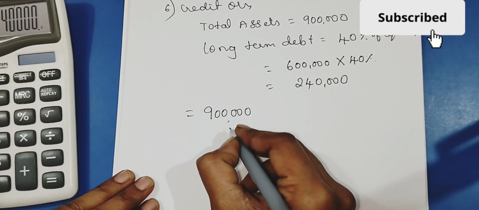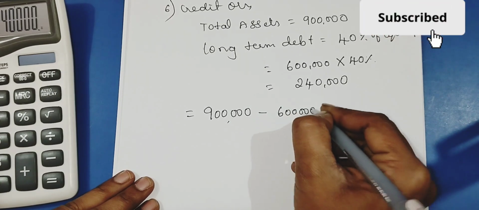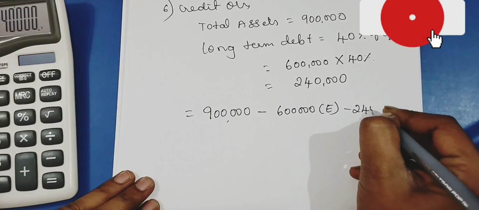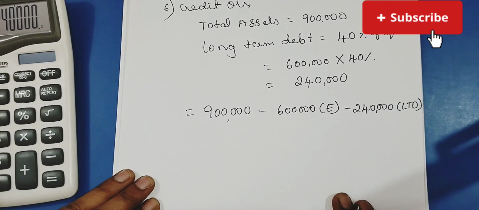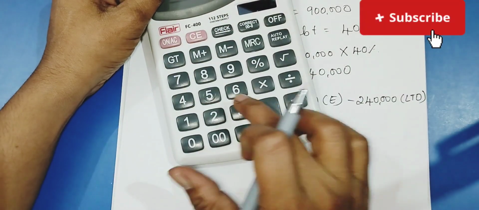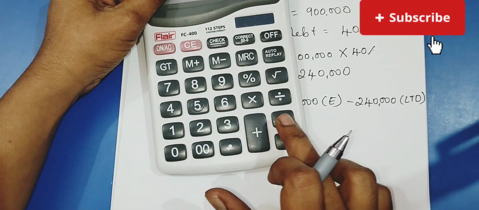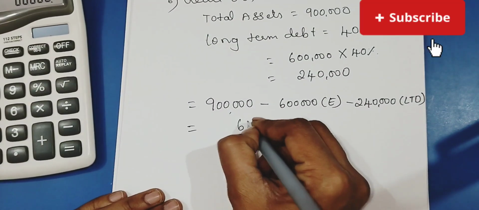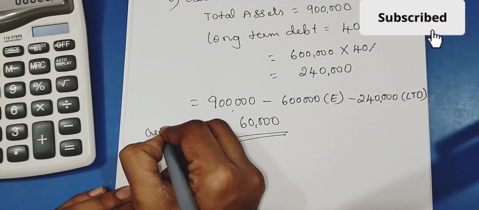In liability side, we have 6 lakh of equity, then 2,40,000 of long term debt. Now what is the balancing figure? 9 lakh minus 6 lakh minus 2,40,000. So the remaining 60,000, the balancing figure, will be considered as our creditors.